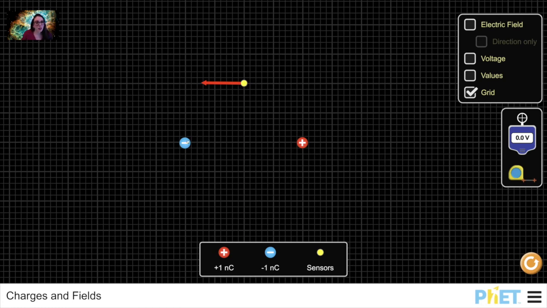And so the electric field at this point from my negative charge is going to be pointing toward it. So we've got this electric field for my positive charge, this electric field for my negative charge, and the sum of them together are going to add to give me a net electric field just along the negative x-axis.